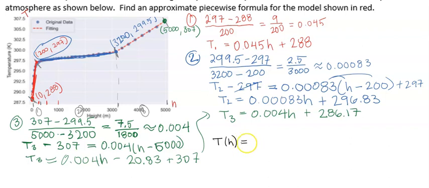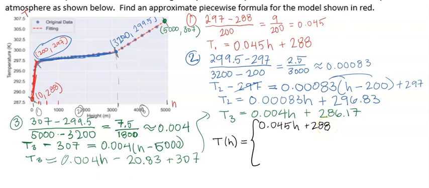And I am going to show that my function is made up of a few different pieces by using one big squiggly bracket to join them. And then you just list your pieces one below the other. Generally, thinking of the graph, we would go left to right. It would still work if you didn't, but that's what I'm going to try and do. That makes the most sense usually. So the first piece, the far left, is 0.045h plus 288.